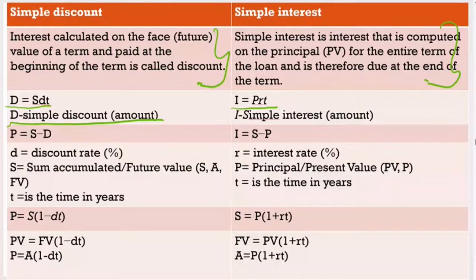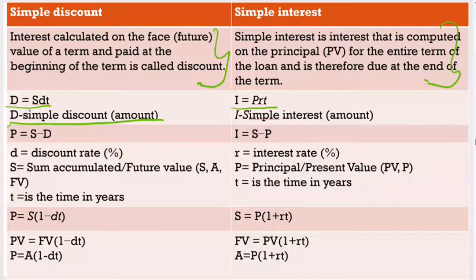When you look at it from the simple interest side, this is the notation of the simple interest. Okay, so now your P is equal to S minus D. Remember, we said your P will be your present value, which is going to be S minus D. And then if you compare it against your simple interest formula, this will be the formula.